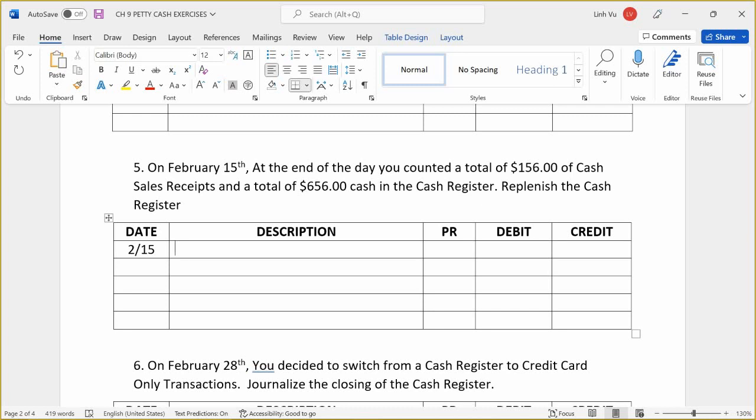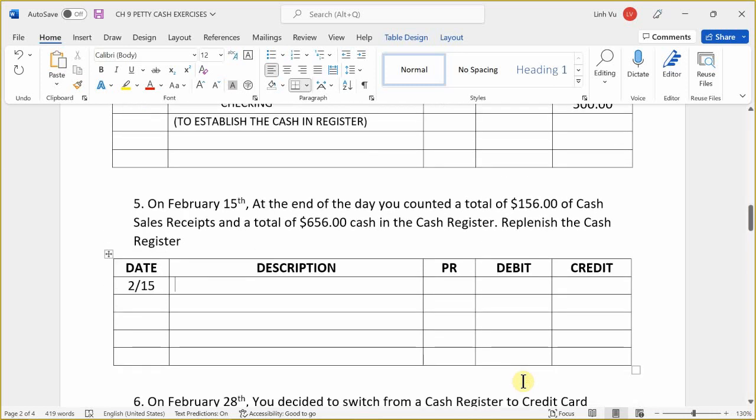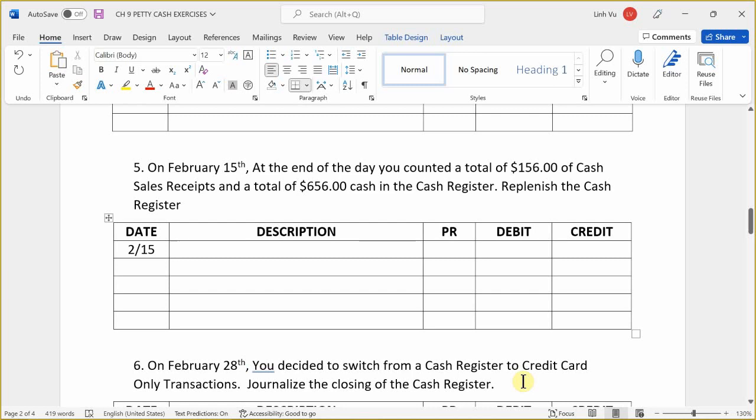Well, I established my cash register at $500, so that's the amount of money I have in my cash register. After my sales have been done and completed, I have $656 in my cash register right now. How do I need to replenish it?